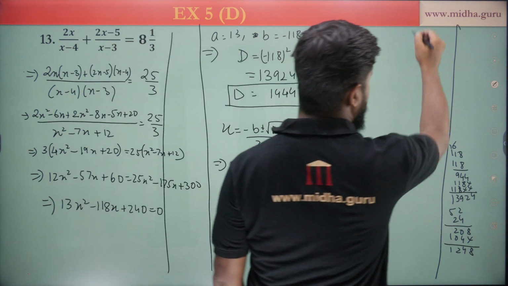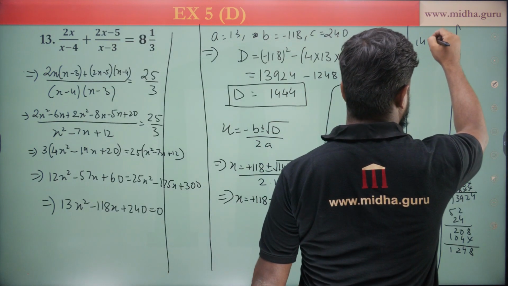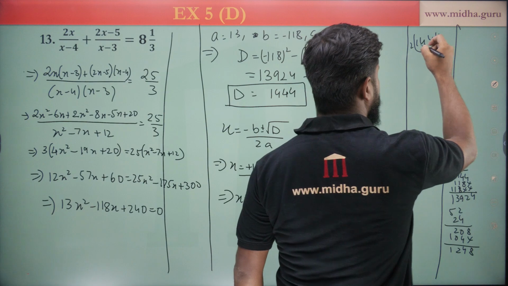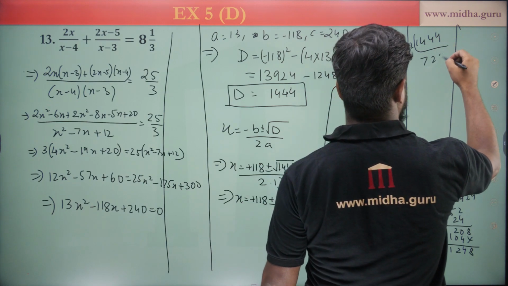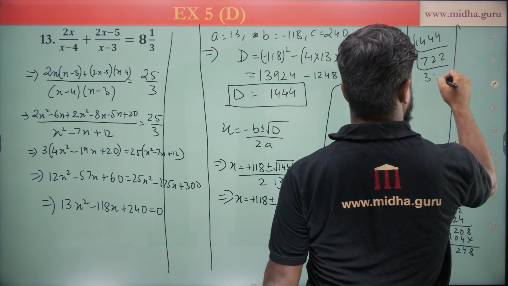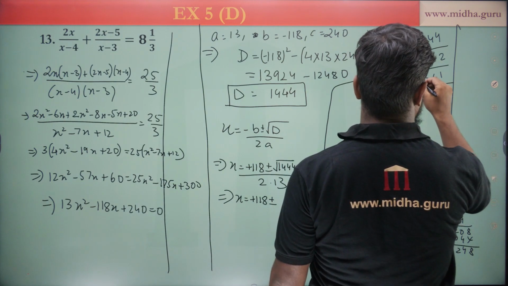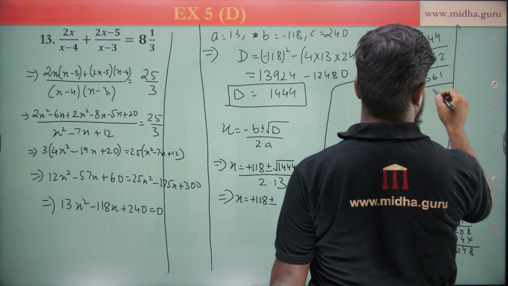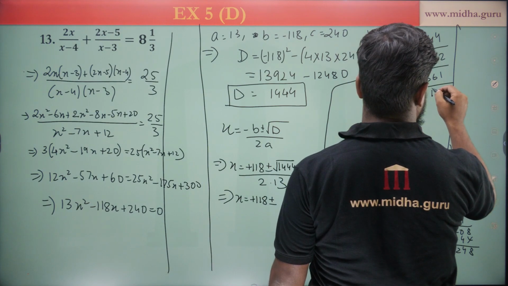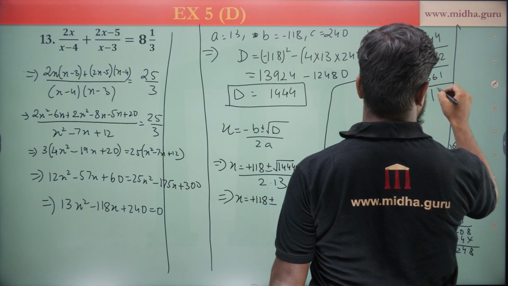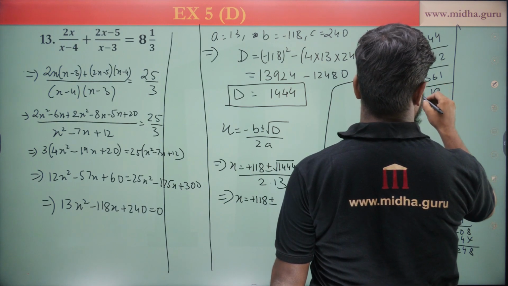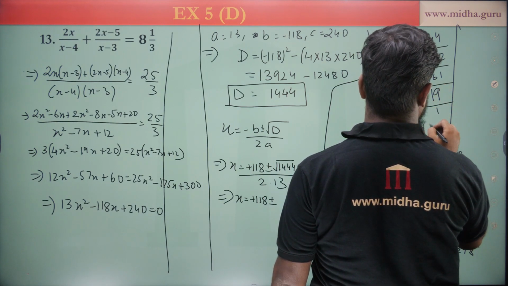Now I don't know the square root of 1444. So what we will do is we will just prime factorize it here quickly. Let's see if we can get some logical square root for it. 1444 is 2 into 2 into 19 into 19.